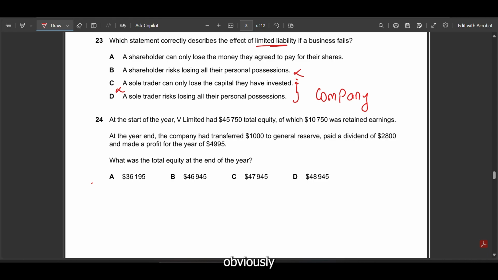So C and D are obviously eliminated. B, again, is a wrong option. So the right option is A, that is, a shareholder can only lose the money they have agreed to pay. That's the concept of limited liability. The liability of the shareholder gets limited. No one can touch their personal belongings. So A is the right option.